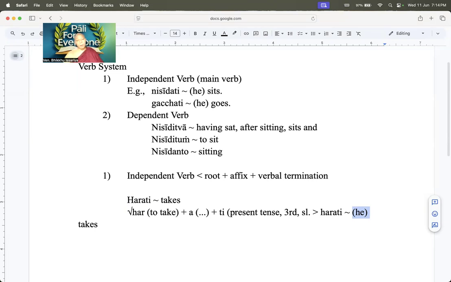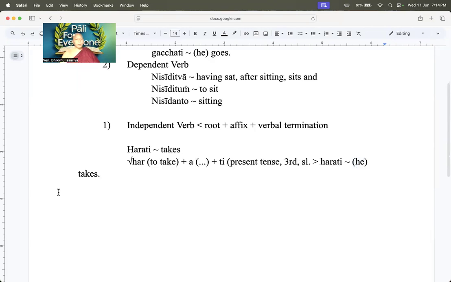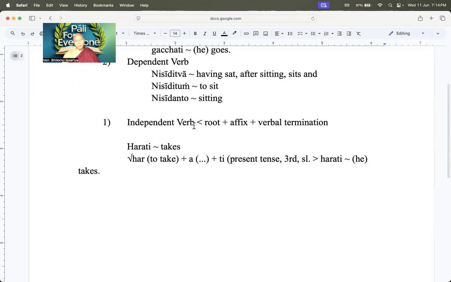Okay, here in the way of forming the verb, you see this independent verb is combined with three parts: root, affix, and verb termination.